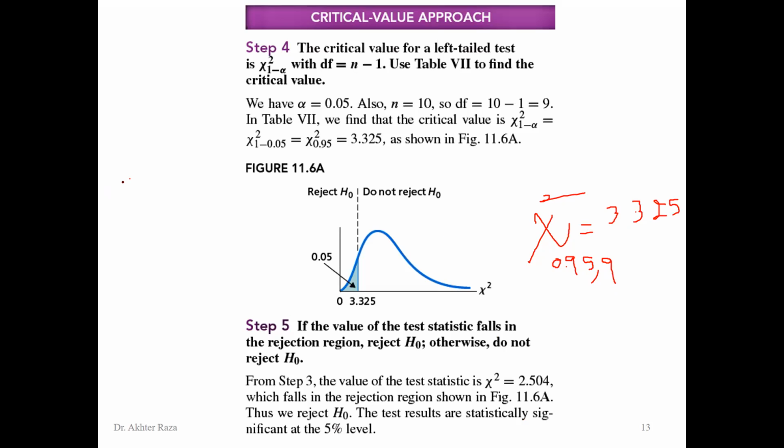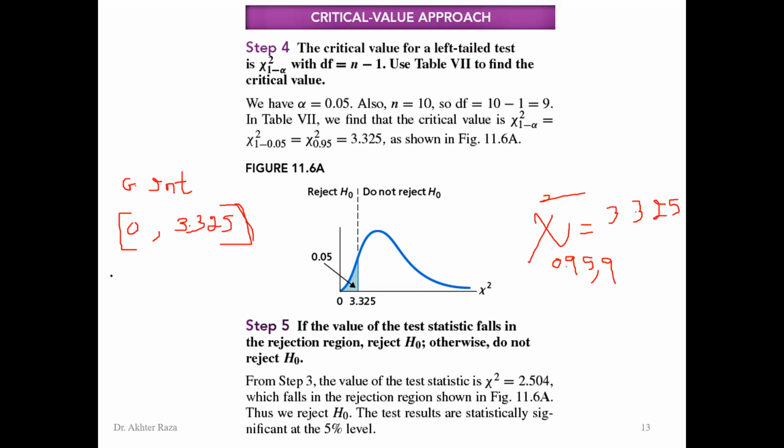So your critical interval, not a confidence interval, it is a critical interval, is from 0 to 3.325, with a square bracket here because it is a closed bracket. This is the interval where we have to reject the null hypothesis.